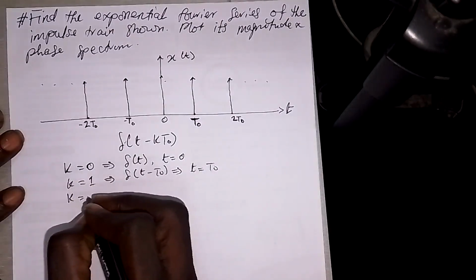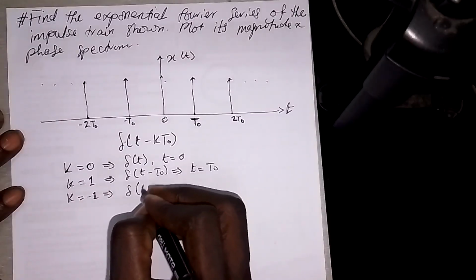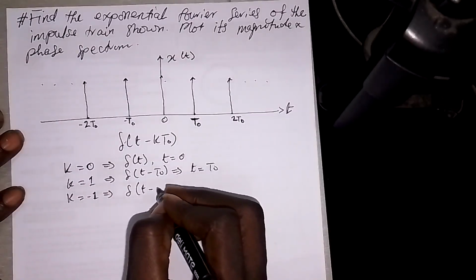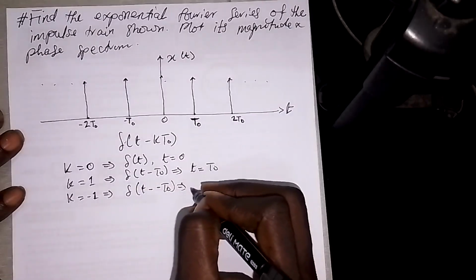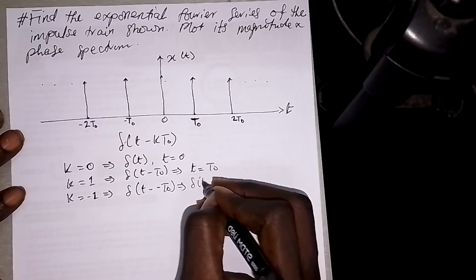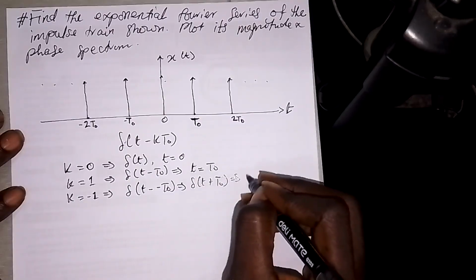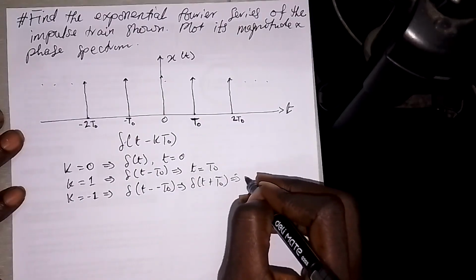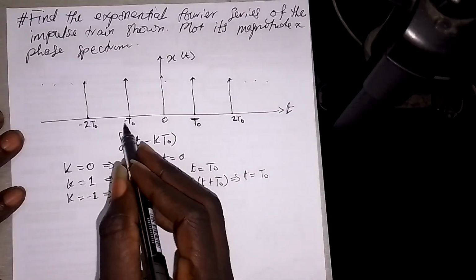Now if k is equal to minus 1, then we have delta of t minus minus t naught, which is the same thing as delta of t plus t naught, which corresponds to t equals minus t naught, which corresponds to this one.